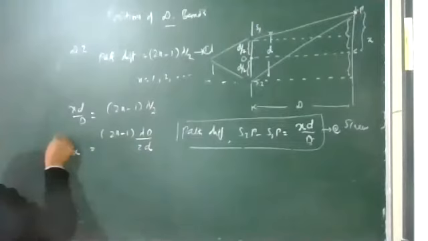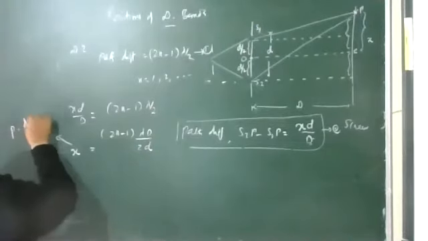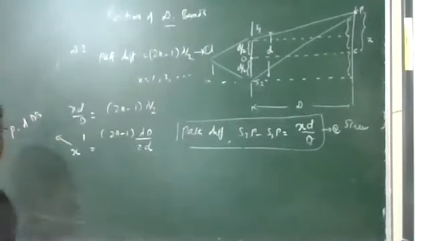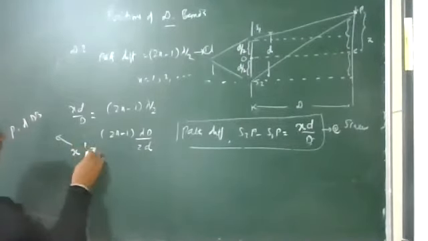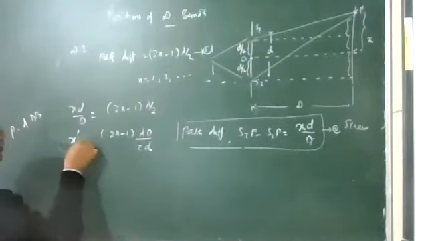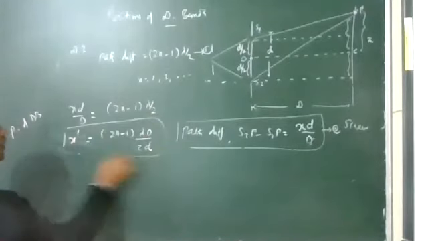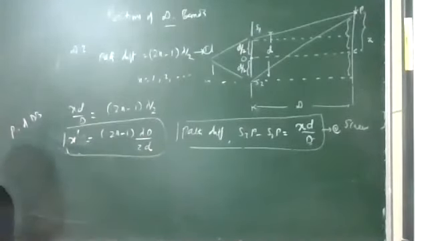Here x stands for the position of a dark band, so I put a dash sign to recognize it as x dash. So this is the equation: x dash equals (2n minus 1) lambda D by 2d. Here you have to remember the values start from 1, 2, 3, and so on.